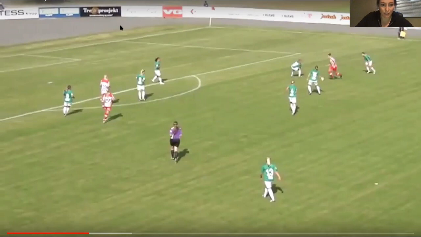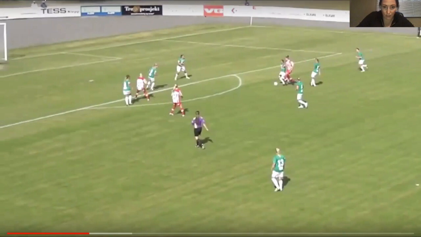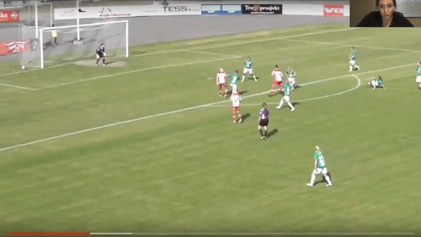Okay, so in this scenario here, I want this defender to drop a little bit to mind this striker that's running in that space there, just like she does there. In this space here, I think we're a little bit sucked in. I want to pull this defender out. Good.